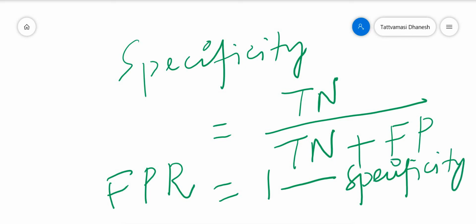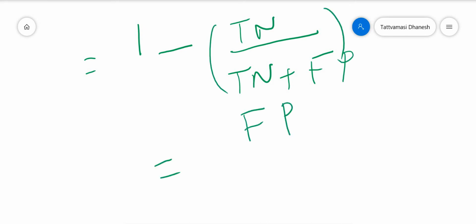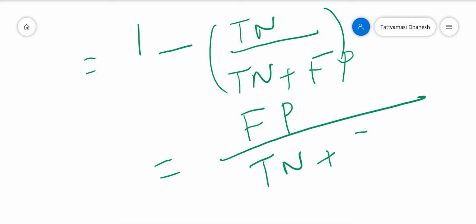1 minus specificity, you can write it as 1 minus specificity, that is TN divided by TN plus FP. When you calculate this, you will get FP divided by TN plus FP.